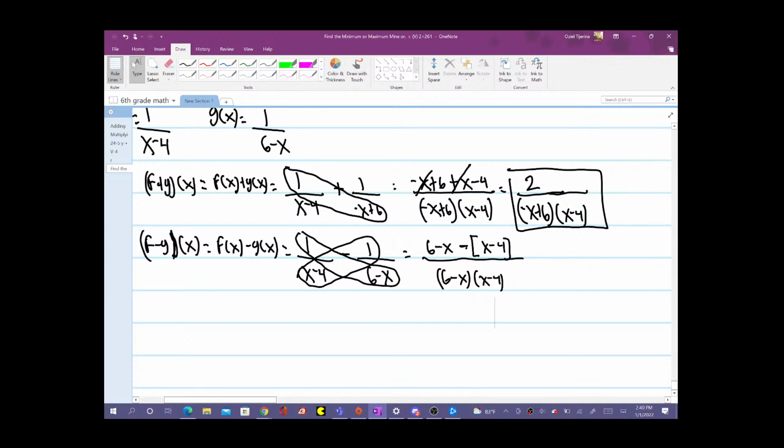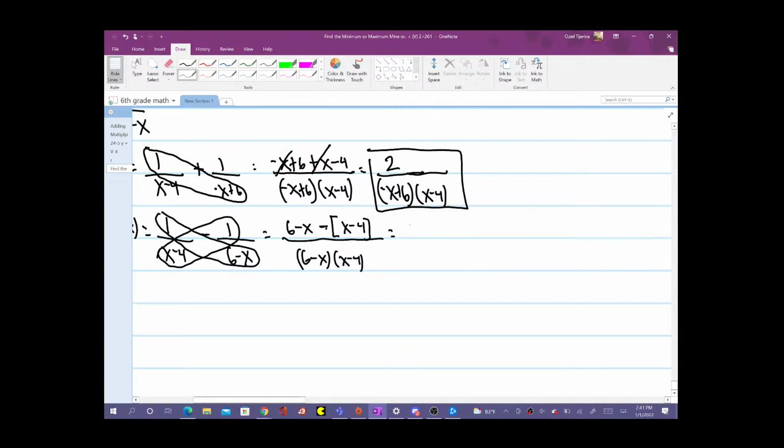Just be careful with how you write it, because some people say it's like x minus 6, but it's not x minus 6. It's negative x plus 6. So basically, this becomes 6 minus x minus x minus 4 over 6 minus x times x minus 4.